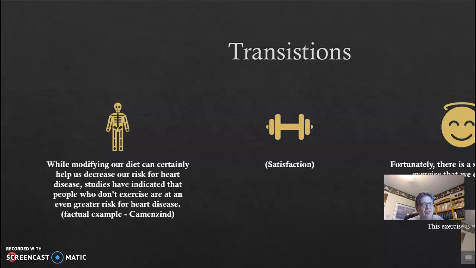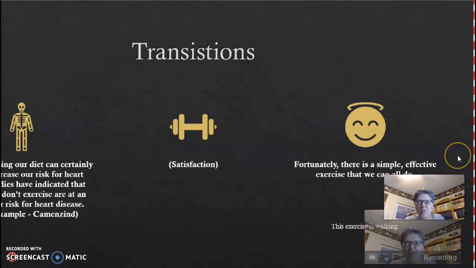And then, of course, in the outline itself, it has the word satisfaction to show us that we're moving from this point to this point. It begins then the next phase with these words: fortunately there is a simple, effective exercise that we can all do.